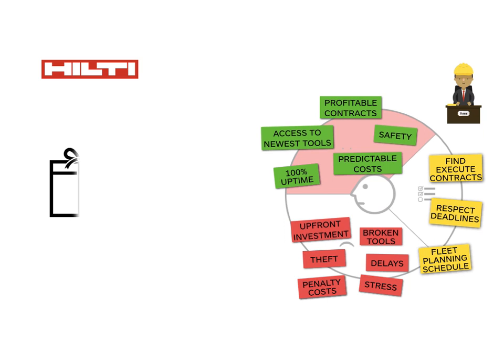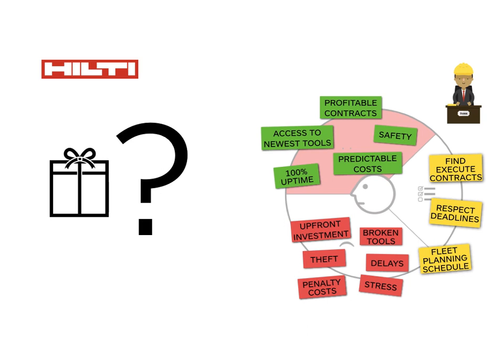So the question Hilti has now is, what value proposition can they design in order to solve those problems, those jobs, those pains, and the gains that CEO is looking for? Now I'm going to show you a video here real quick to introduce the idea that Hilti came up with to solve the jobs that this construction CEO had.